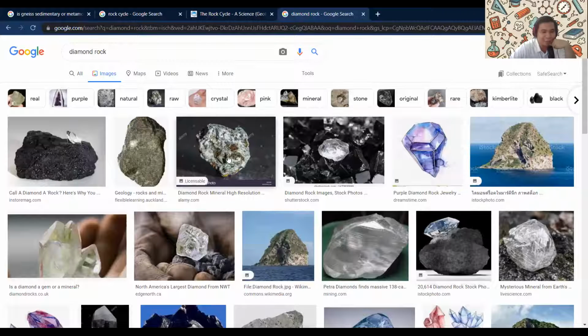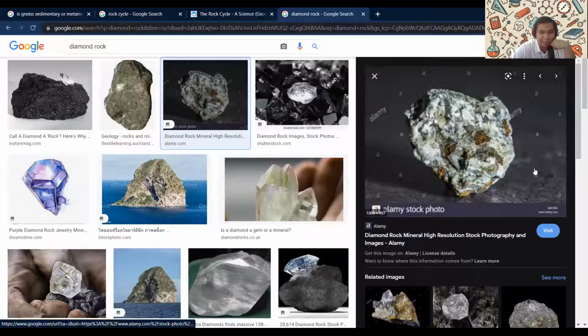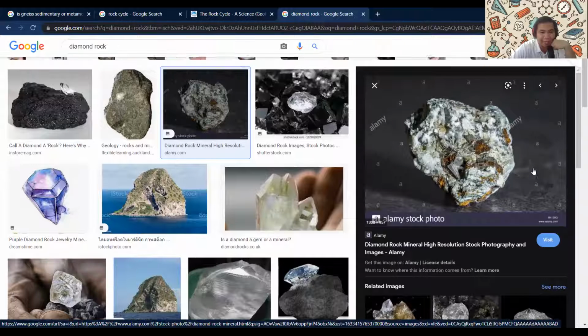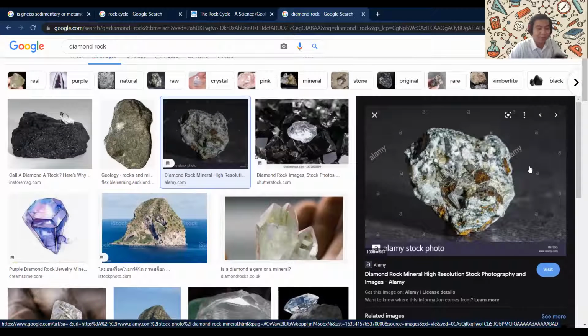This is what a diamond usually looks like. Diamonds are actually class A mineral. Oops, sorry, my microphone fell. Anyway, a diamond is actually a mineral, but they can be found from metamorphic rocks. So that's your answer, metamorphic rock. And that's it for the test.